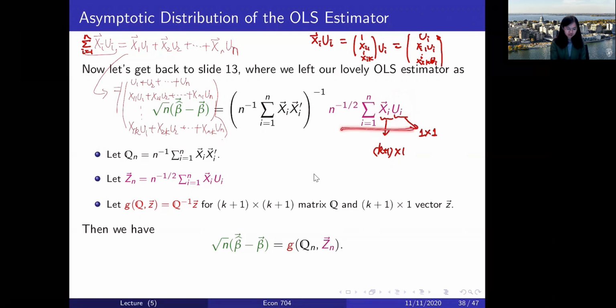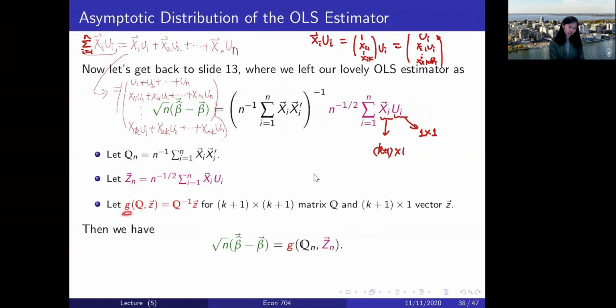Now that is defined to be Zn, and this is defined to be Qn. Then the quantity we are interested in, root n times beta hat minus beta, is just a function of Qn and Zn, right? So it's Qn inverse times Zn.